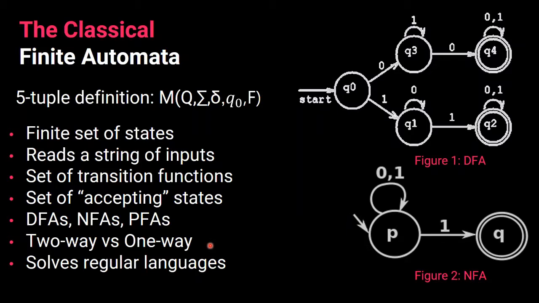Although this may simplify some classical finite automata, two-way automata do not really change the computing power of the classical finite automata. Regardless of the type of classical finite automata, one-way and two-way, DFAs, NFAs, or PFAs, all of them only solve regular languages. And we'll see that this is actually not the case with quantum.